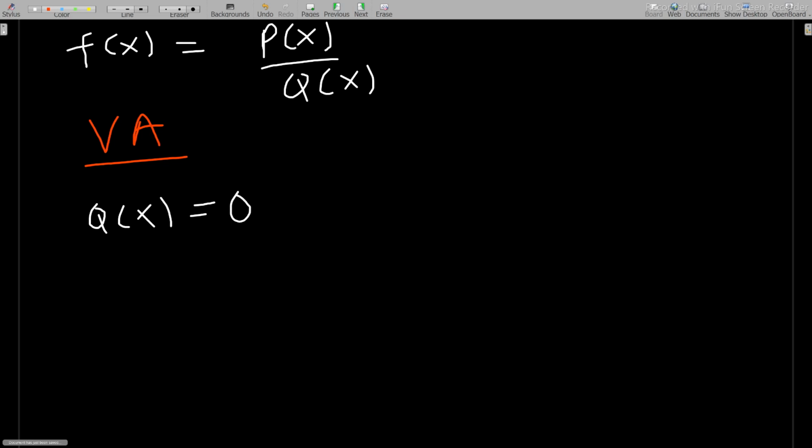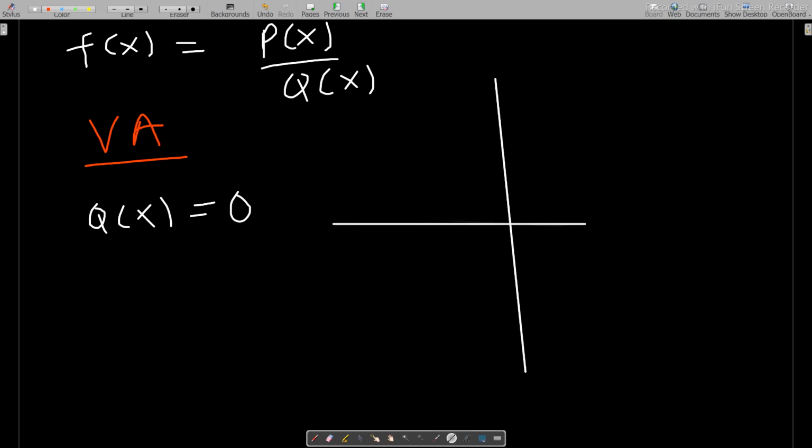the vertical asymptote. In graph form, this is how the vertical asymptote looks. Let's say I have a graph like this and I want to find the vertical asymptote. Like I said earlier, it is of the form x equals a.